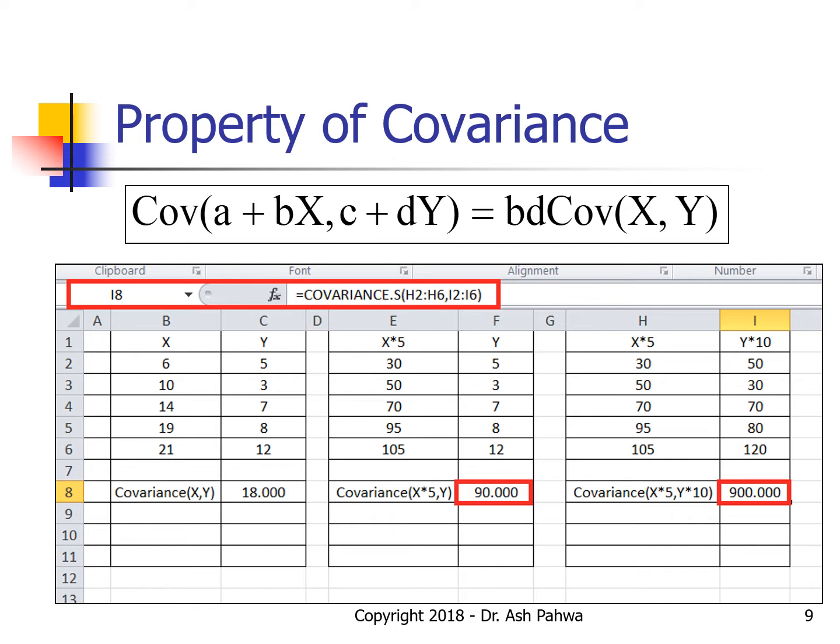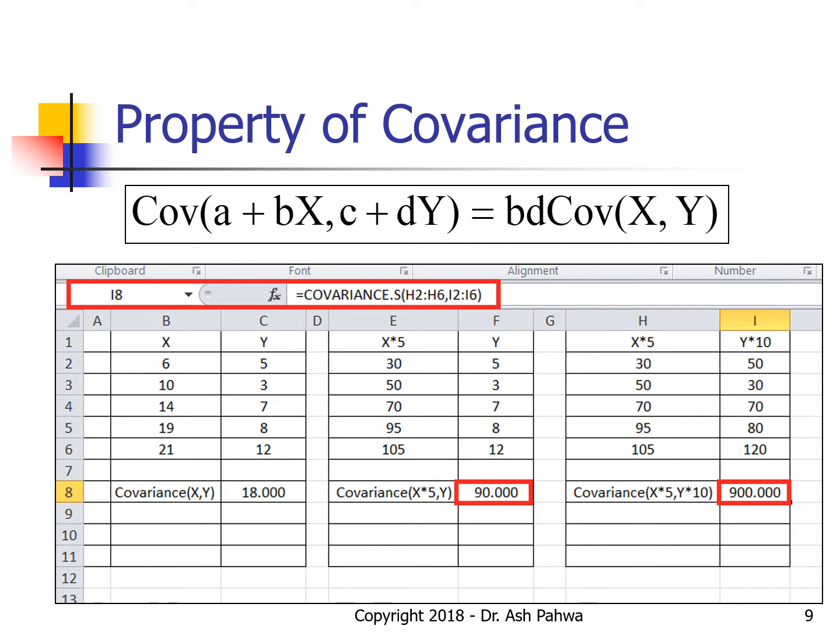And now let us look into the properties of covariance. The covariance of a plus bx and c plus dy is equal to bd, which is the number that we are multiplying x and y values with, times the covariance of x and y. For example, as we saw in the previous slide, we computed the covariance of x values and y values, which came out to be 18.